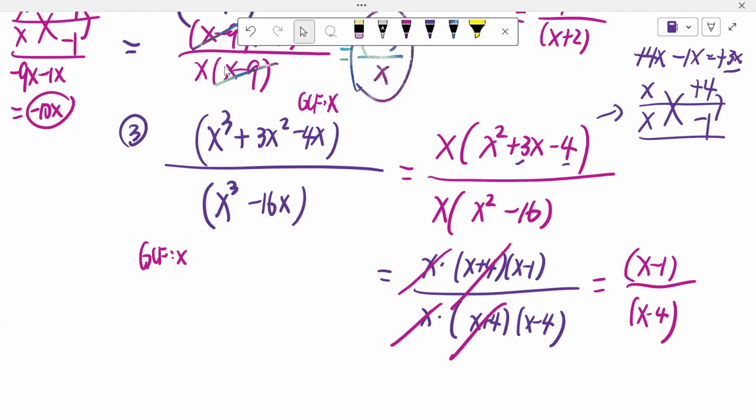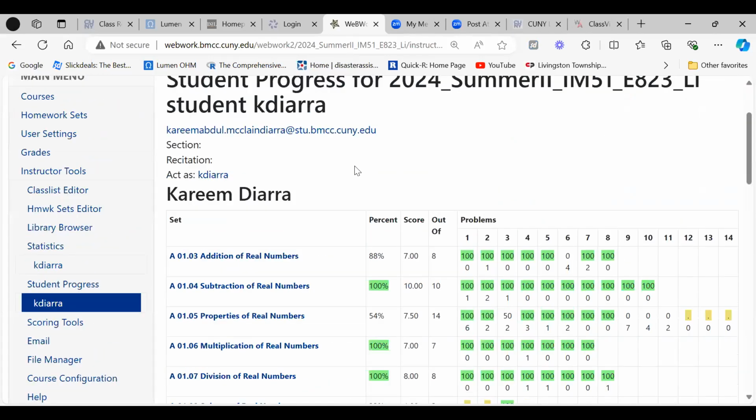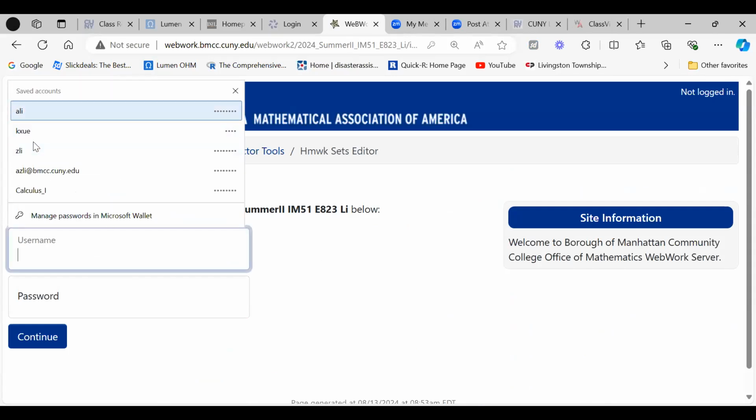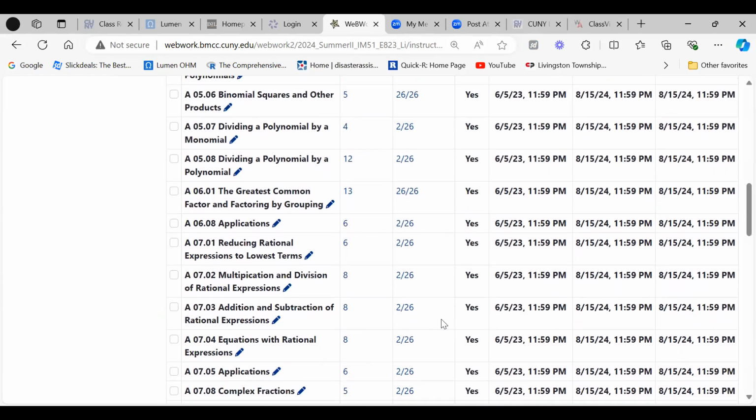All right, so we're going to go back to the webbook and look at some exercises on the webbook. Let me log in first. I'm going to assign those assignments to you guys right now. And then assign those 5 assignments, 7.1.